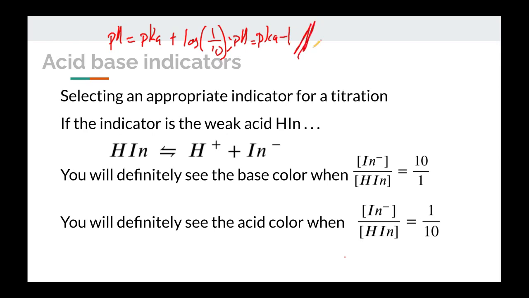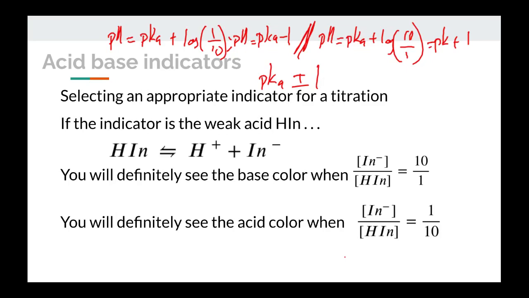When would you see the base? Well, that would be when the pH is equal to pKa plus the base 10 logarithm of 10 over 1. The log of 10 is 1, so that's pKa plus 1. So your color change is going to occur between pKa plus or minus 1. That's going to be where the range is that you would see the color change in a titration.